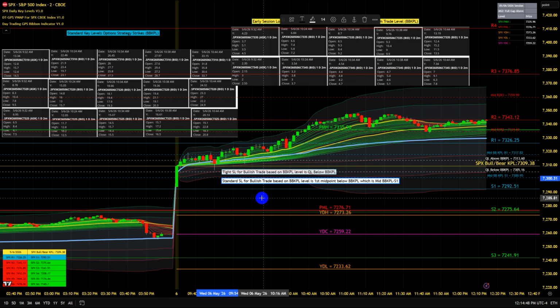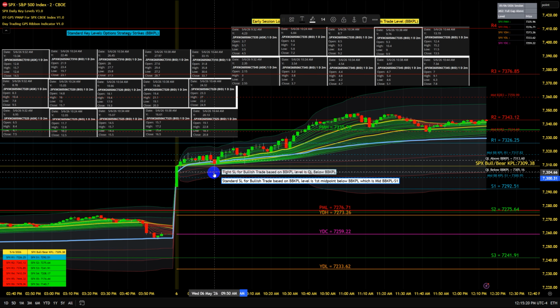Which one works best for you is simply a process of going through utilizing the indicator either on a demo trade basis to begin with till you find your exact process and which stop loss you prefer using over time, and then you can start using either the standard or the tight based on how you like to trade and whether you don't mind getting stopped out more often with the tight stop loss as opposed to using the standard stop loss.